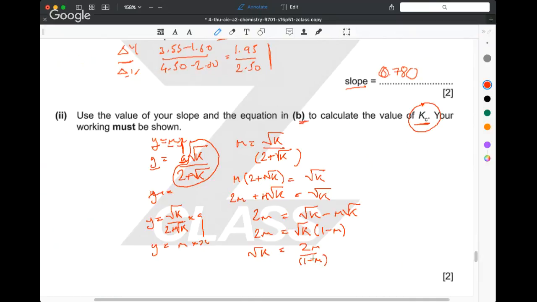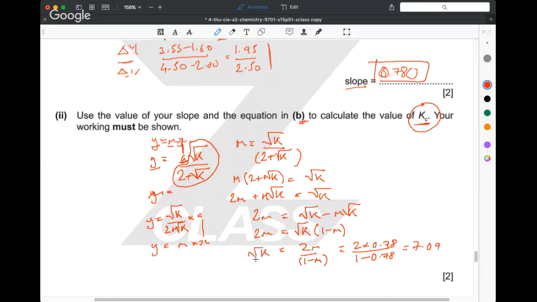Yes? Now, because you worked out the slope over here, you can substitute in, in my case, 0.780 into all of this. So I've got 2 times 0.780 over 1 minus 0.780. And if I work all that out, I end up with, in my case, 7.09.